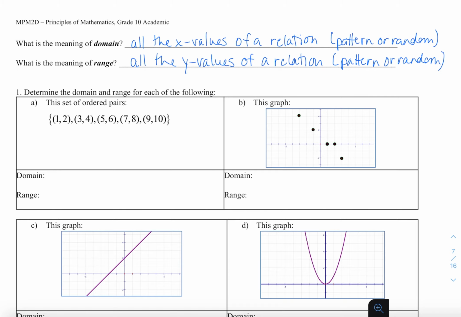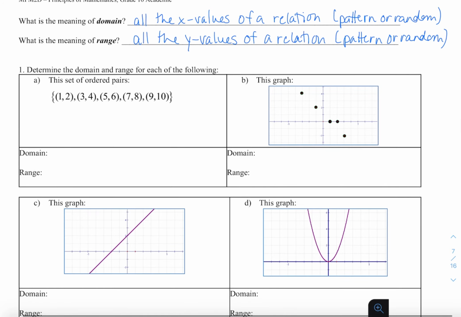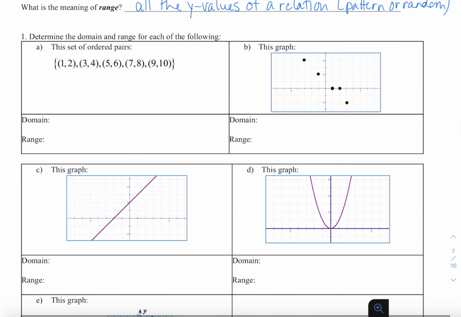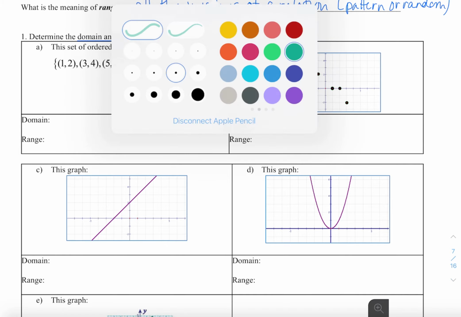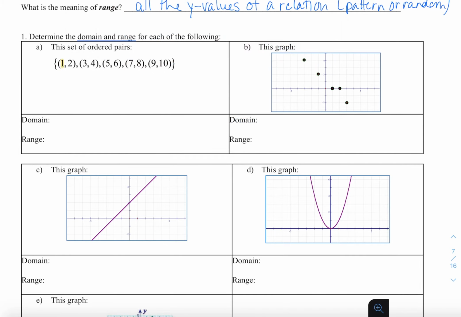So let's take a look at this set of ordered pairs, and I want to determine the domain and range for each of the following. So here's what we're going to do. I look at all the x values in this set of ordered pairs, and I just write them down. That's it. My domain here is x equals 1, 3, 5, 7, and 9.